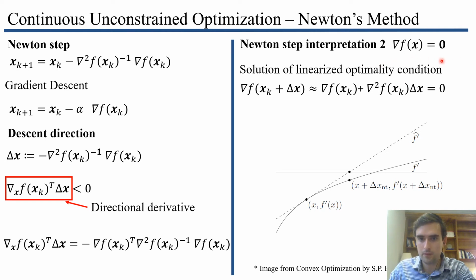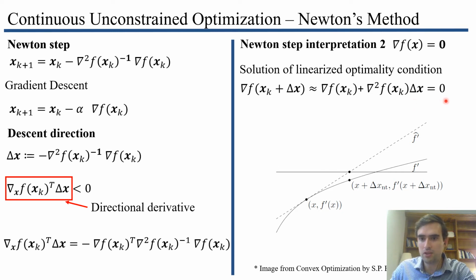Now, the second interpretation. Again, we remember that we're trying to find where the gradient is equal to 0. The second interpretation is that we're going to do now a first order approximation, but of our gradient. So again we have our function plus the derivative of our function, which, since the derivative of the gradient is the Hessian, is the Hessian times our step size.